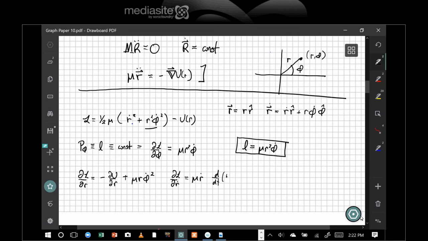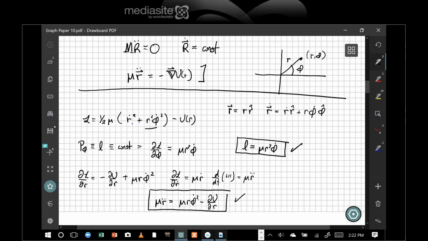And then the second equation of motion we're going to get from r. If I take partial L with respect to r, that's going to give me minus partial u with respect to r. Again, u is a function of r, so I have to do that. But then I've got an r here as well, and so that's going to give me mu r phi dot squared. And then partial L with respect to r dot is going to give me mu r dot.